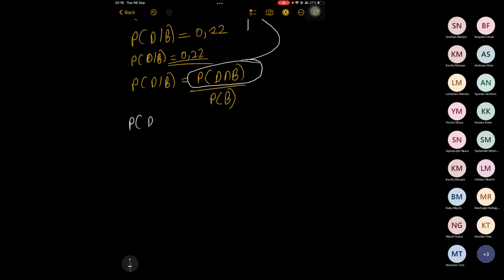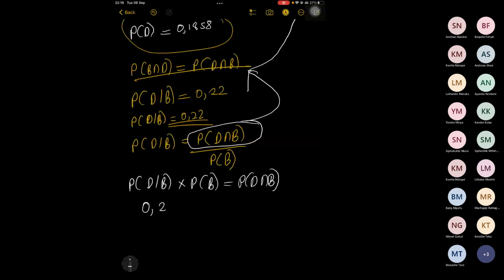Then probability of D given B times probability of B is the same as the probability of D intersection B. So that's 0.22, and the probability of B is 0.43. So it's going to be times 0.43. So 0.22 times 0.43, you will get 0.0946.